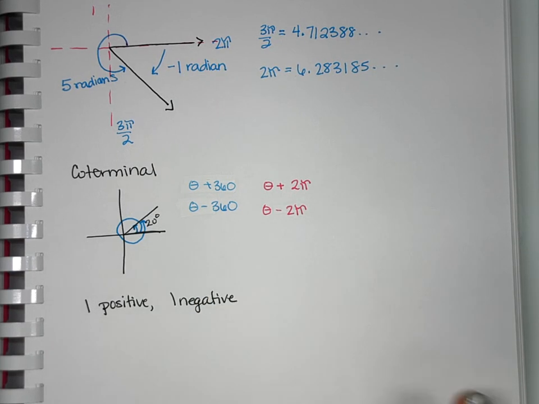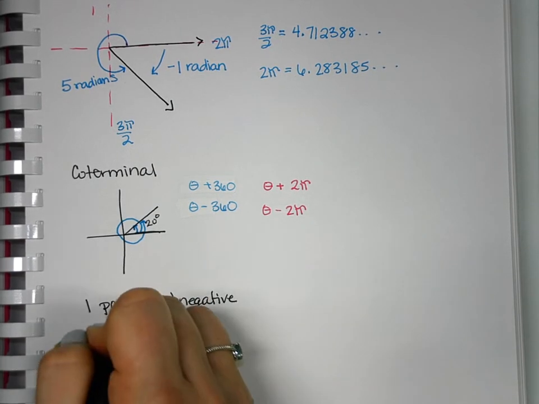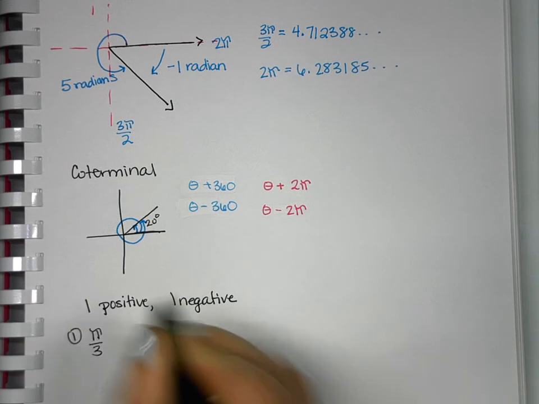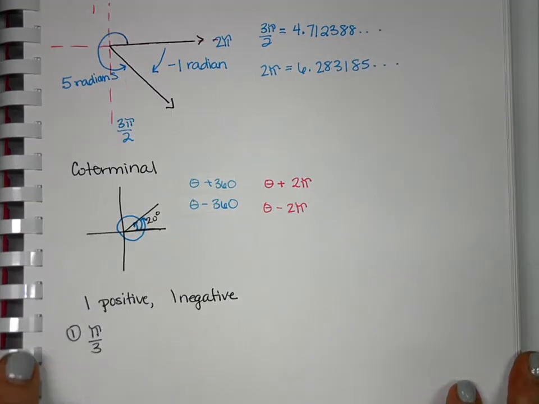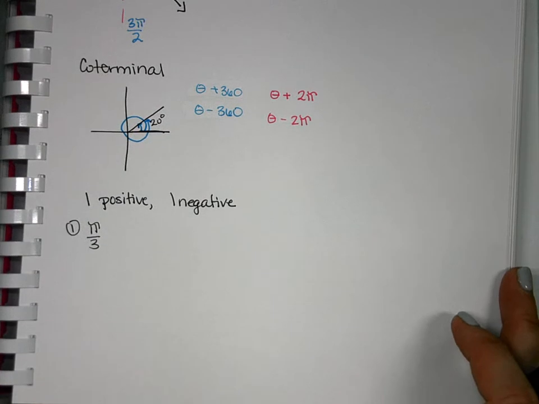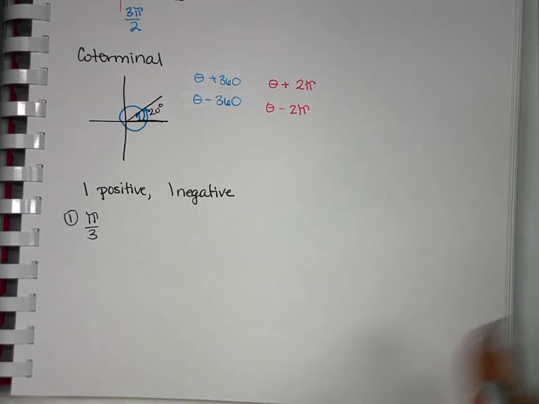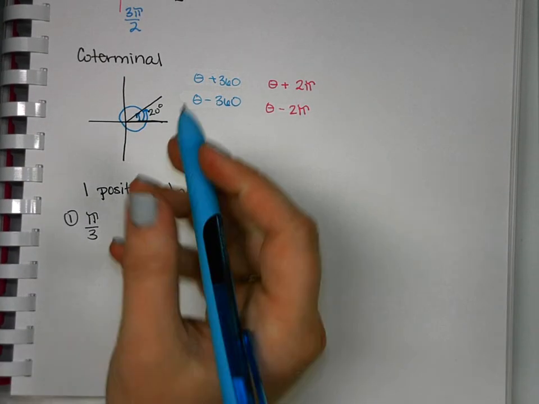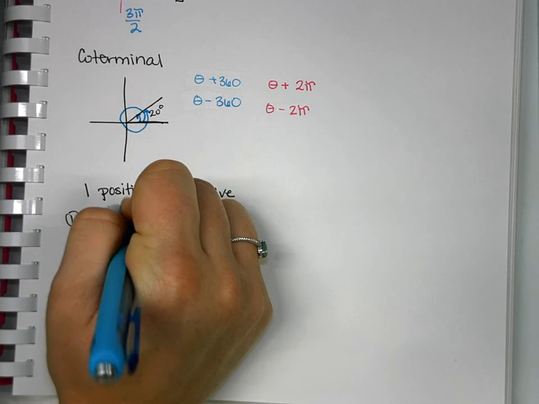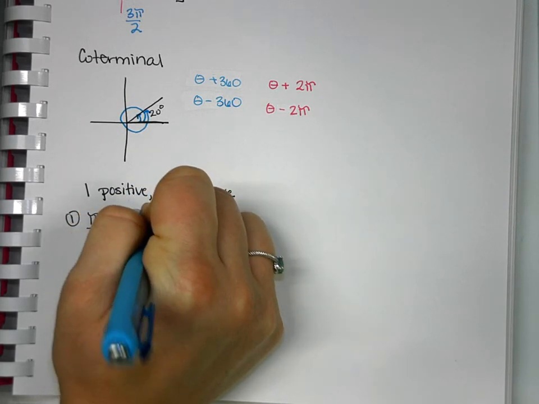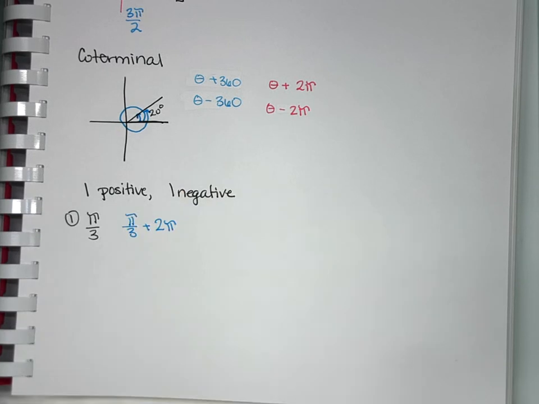So if I were to give you pi over 3, and I wanted you to find one positive coterminal angle and one negative coterminal angle, I would start by taking pi over 3 and I would add 2 pi. That should give me another positive coterminal angle.